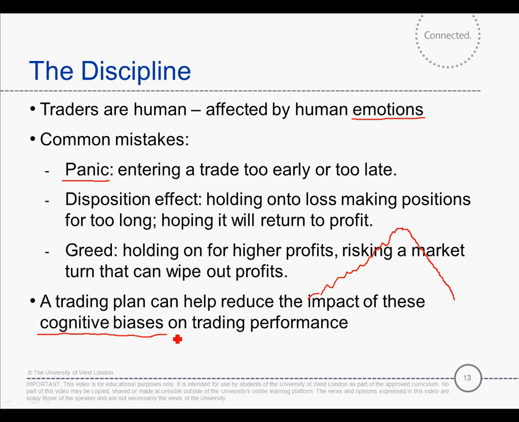Okay, and a trading plan is designed to bring a bit more objectivity, so that when you're making your judgments, you're not driven entirely by human emotions and weaknesses, and you reduce the level of cognitive bias on your trading performance.